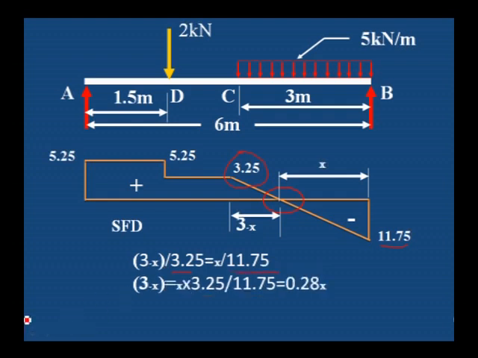If we simplify this by cross multiplication, we will get the x value as 2.34. Therefore, the shear force will be 0 at a distance of 2.34 meter from B.